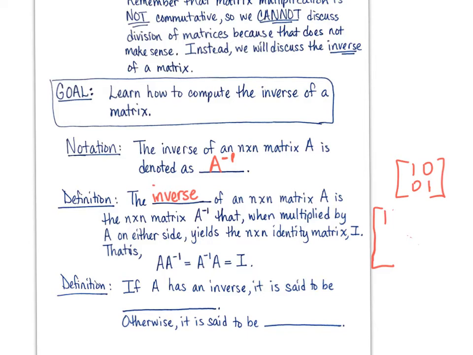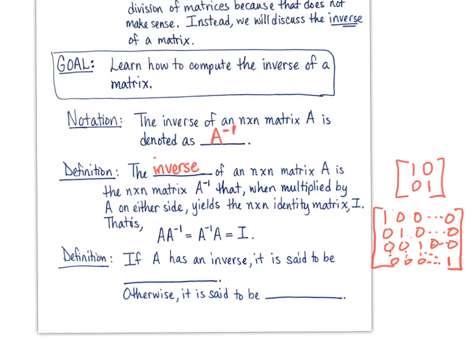You'll have 1 0 0 out to 0, then 0 1 0 out to 0, and so on down to 0 0 0 1, with ones along the main diagonal and zeros everywhere else. That's what the n by n identity matrix looks like.